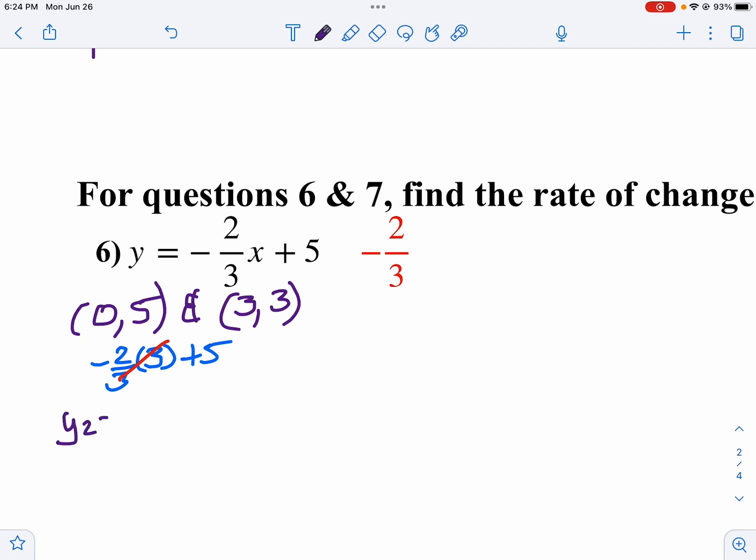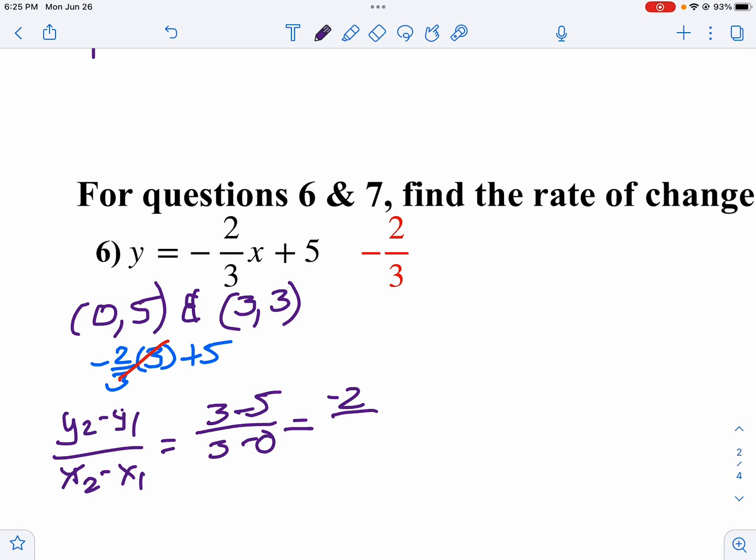Subtract my y's over subtract my x's. So we're going to say 3 minus 5 all over 3 minus 0. 3 minus 5 is negative 2. 3 minus 0 is 3, and we get the answer in red, which is negative 2/3.